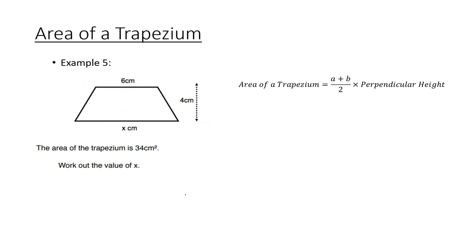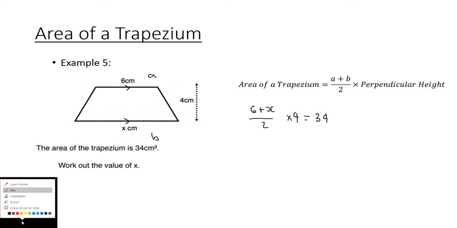Final example. Again, this is working backwards. This time they've given you one parallel side length and not the other, and they've given you the perpendicular height. So we'll label this one A and this one B. So we've got 6 plus x divided by 2 multiplied by 4 is equal to 34. The first thing I'm going to do is get rid of this times 4.